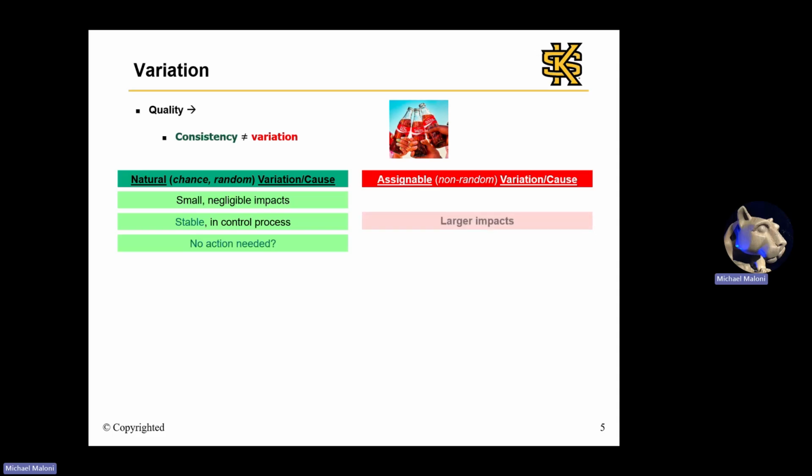Assignable variation tends to be larger and more significant than natural variation, and assignable variation reflects a process that is not in control. It's not stable. However, if we eliminate the source of the assignable variation, we can reduce that variation and potentially get the process back in control. So assignable variation is the target of SPC.